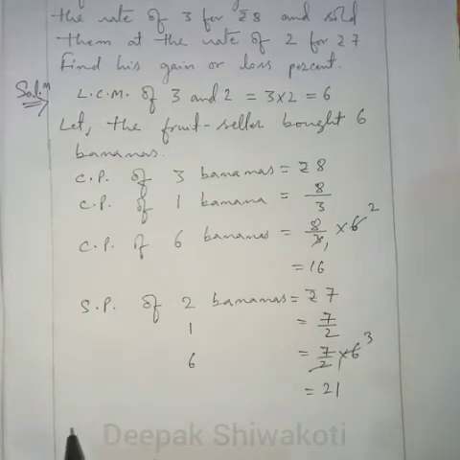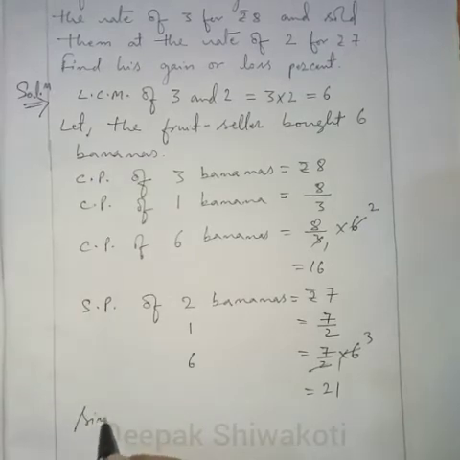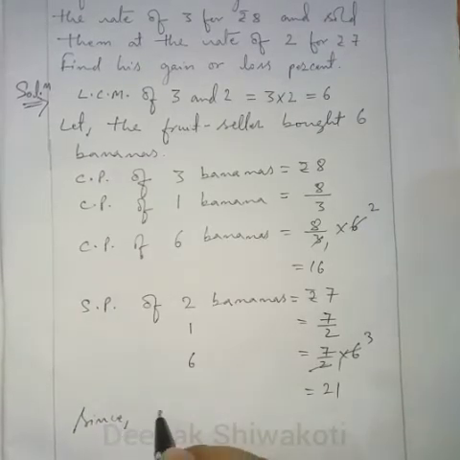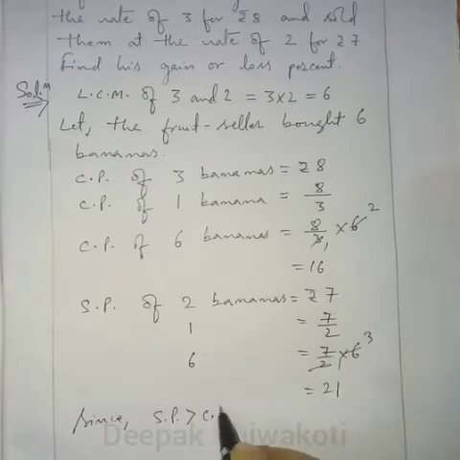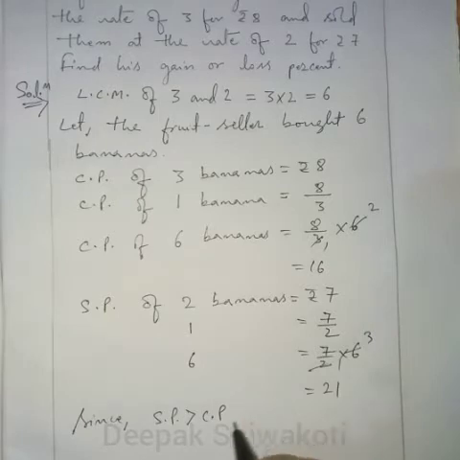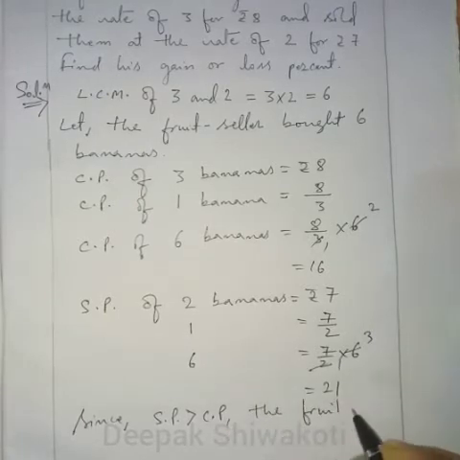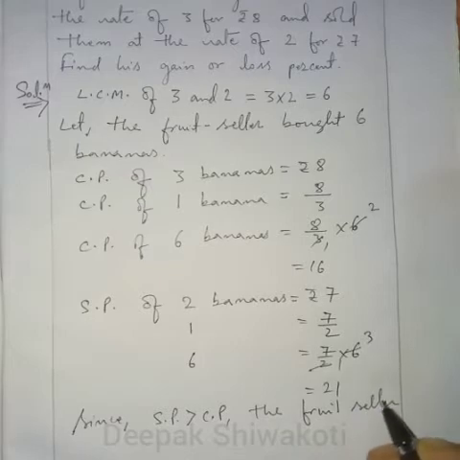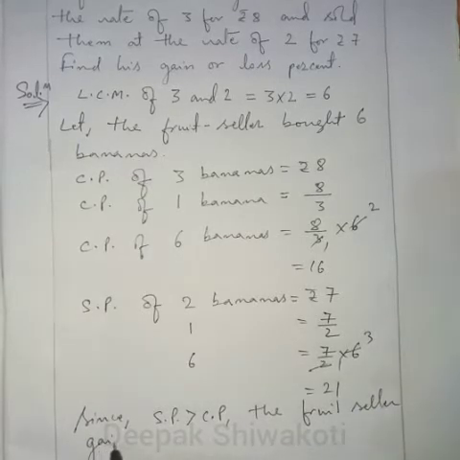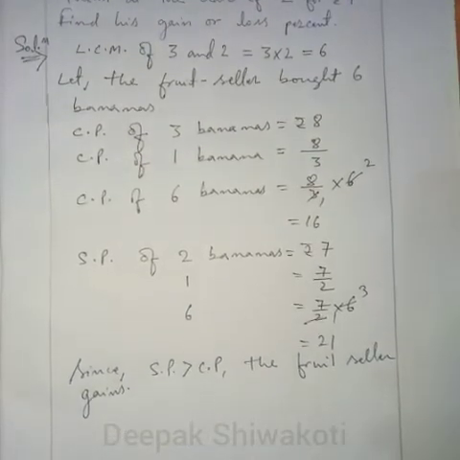Okay, since SP is greater than CP here, the fruit seller gains. Now we have to find the gain percent.